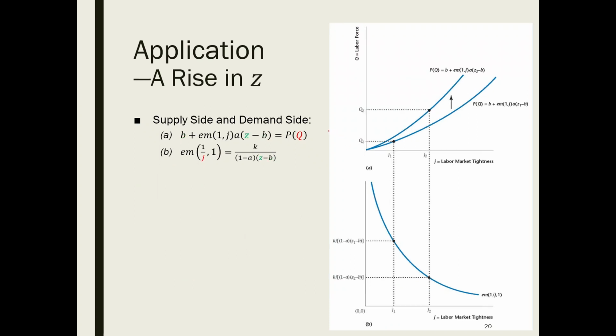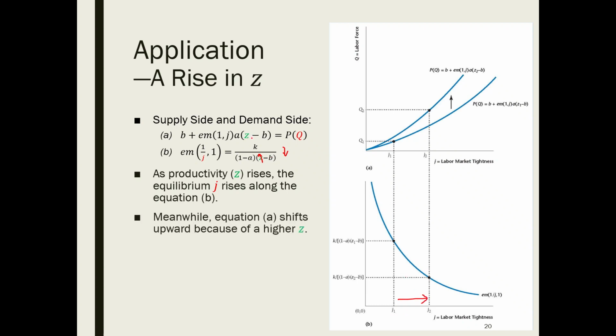productivity Z. Again, it appears in both equations. If Z rises, the right-hand side of the second equation drops because Z is in the denominator. The new equilibrium J rises from J1 to J2. At the same time, if Z rises, the left-hand side of the first equation rises for any given level of J. To balance this, Q must rise for all given levels of J, which means a shift upward of the supply curve.